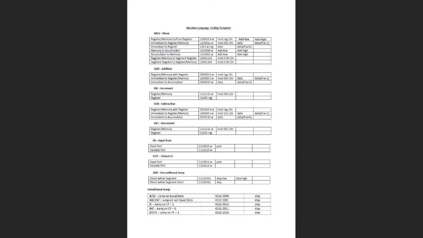So this is mod 00, right, and if a direct address is given, you can see the register or memory field is 110. So that means this register or memory field will be 110. Again I am writing because as I move.